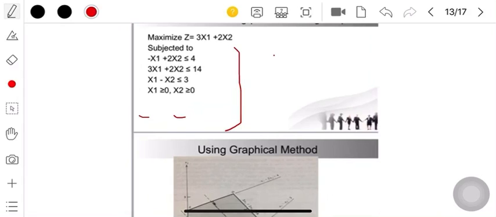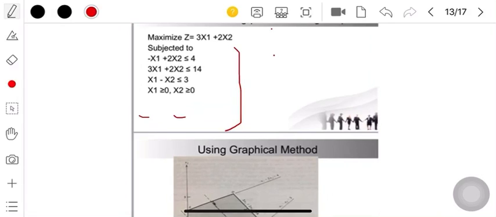In the simplex method we move from one corner point to another corner point, and in each step the value of the solution improves. After a finite number of stages we reach the optimal solution.